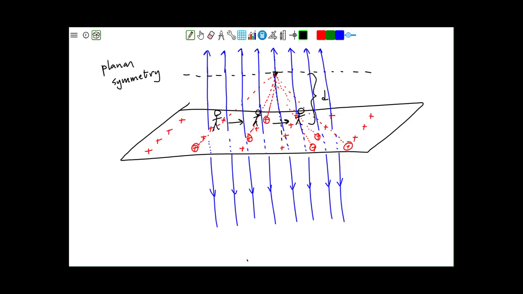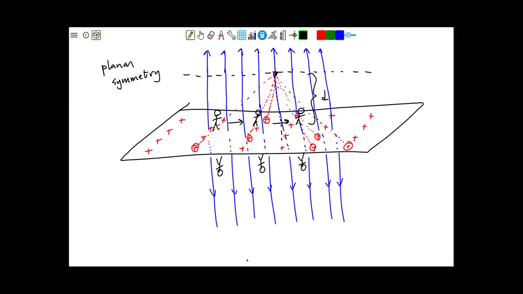If the plane has planar symmetry and the plane is infinitely big, the electric field will have planar symmetry. If we flipped to the other side of the plane, notice how the electric field looks exactly the same as when we're on top of the plane. That's a property of planar symmetry.